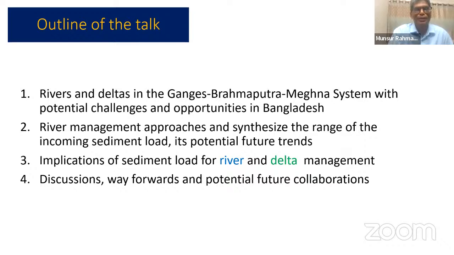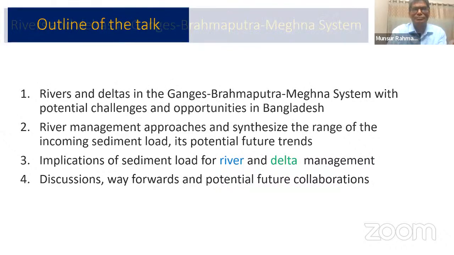Then I'll talk about the implications of this sediment load for river and delta management. This is very vital for our system, especially for Bangladesh, located in the most downstream part of the delta. Then we'll discuss how we can move forward, and future collaboration.